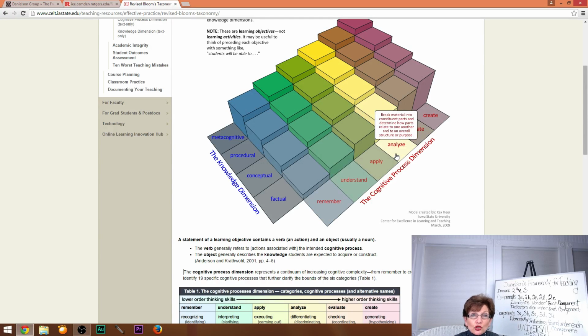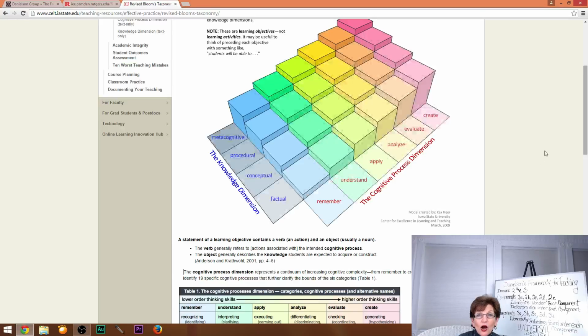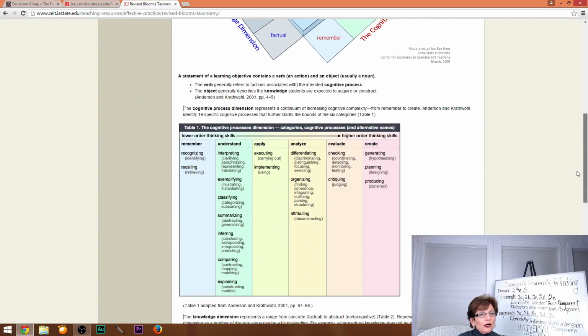But say you have been studying plants, and some of your students are going to be able to break down the content and analyze what you've been talking about. However, one or two students in your room aren't ready for that level of cognition. Therefore, you're going to adapt and modify the lesson for this student, and make it something where the student just has to retrieve relevant knowledge. Okay? All right.